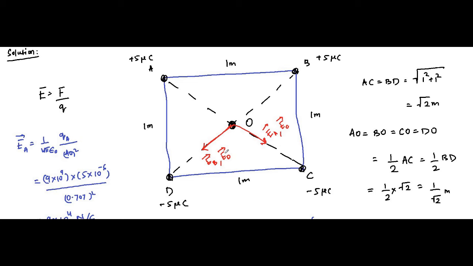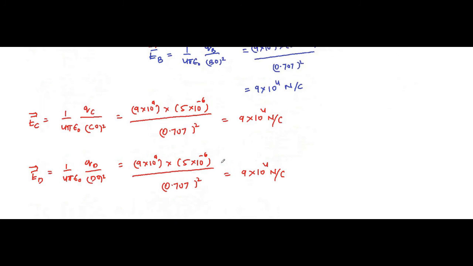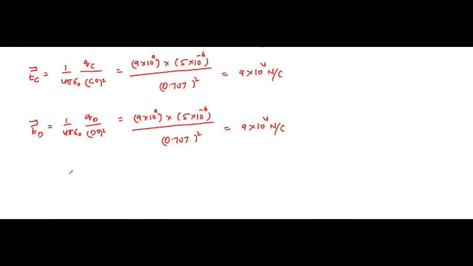So here if you notice, EB vector is equal to ED vector and EA vector is equal to EC vector, because they are all equal in magnitude. Let me use a different ink here.